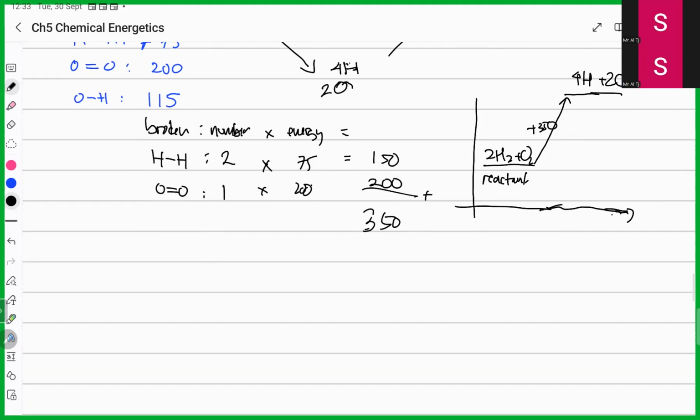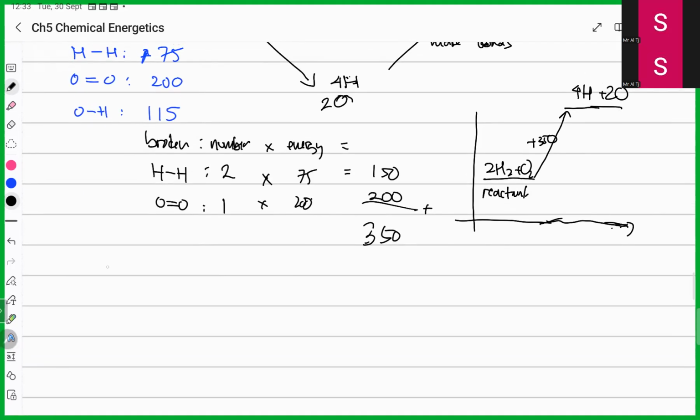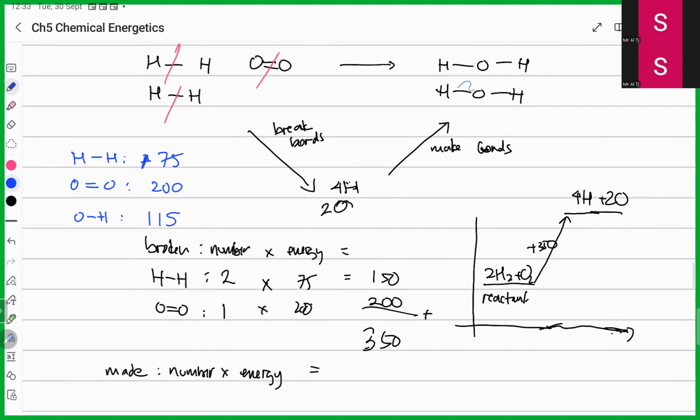What happens next is we need to find out how many bonds were made, the number of them, how many, and the energy for that type of bond. We multiply, we get the total. So there's only one type of bond that is made here.